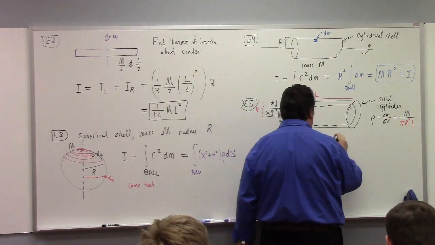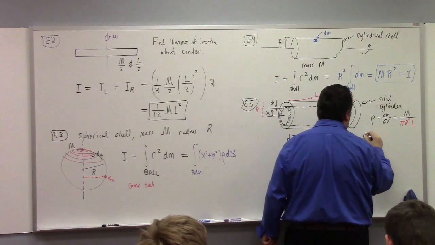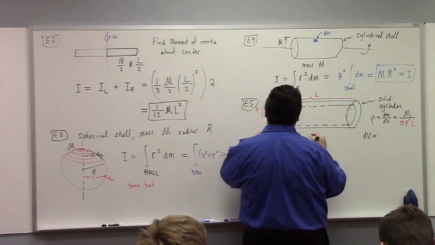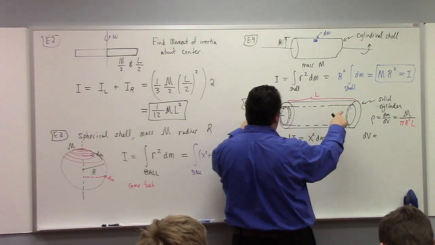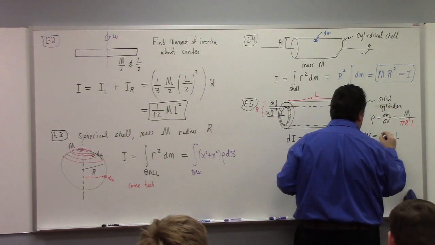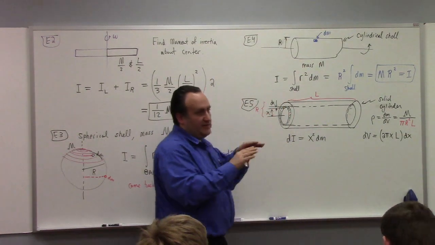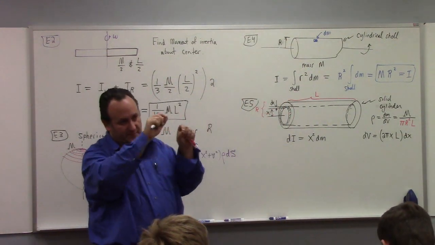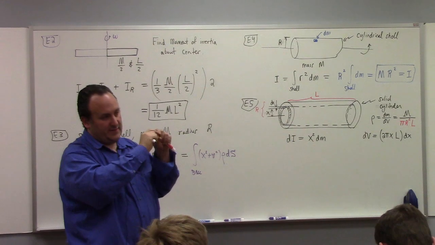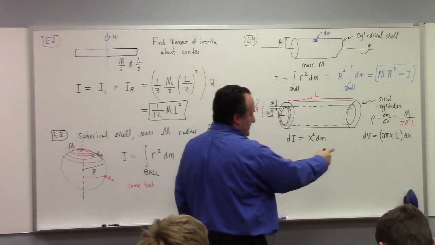So what I need then is the volume of the shell. What I want is, if I took that and laid it flat, I would have 2 pi x times L, right? And the thickness would be dx. So if you took this cylindrical shell and laid it flat, it would be the circumference of the circle times the thickness, which would be dx, and its length L long. So that's what this is.